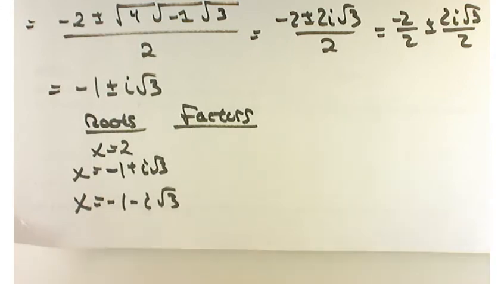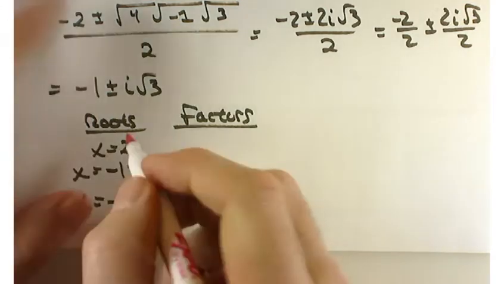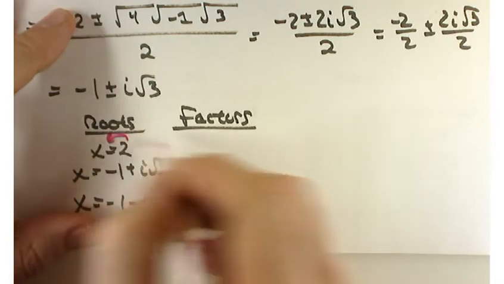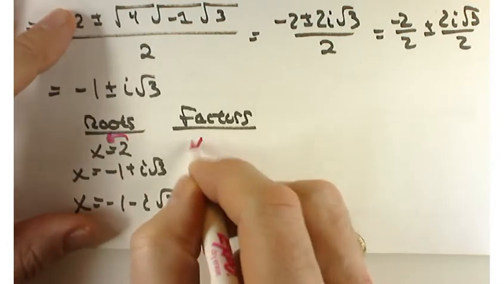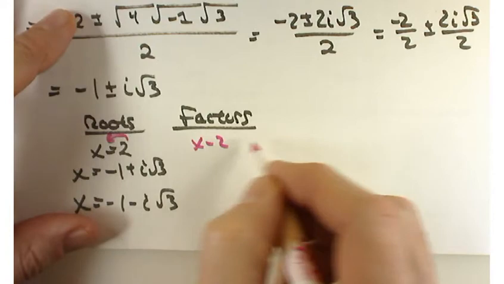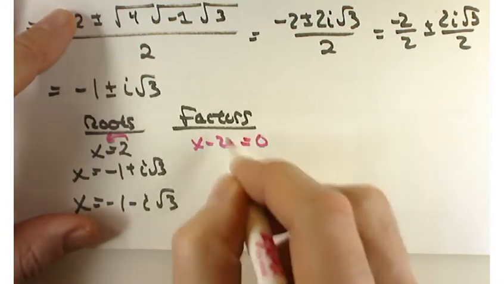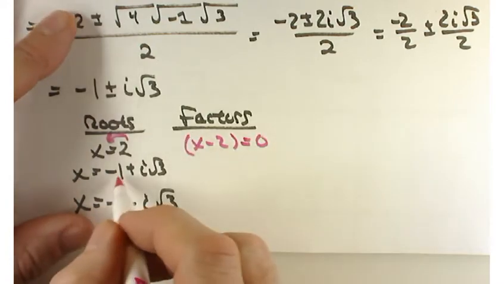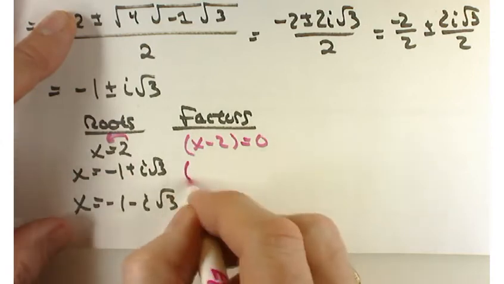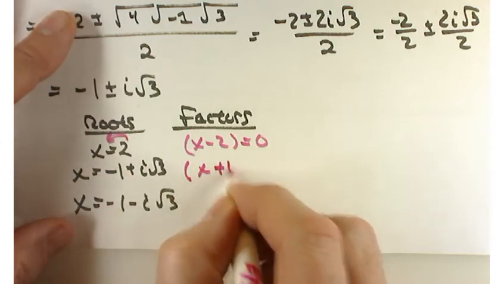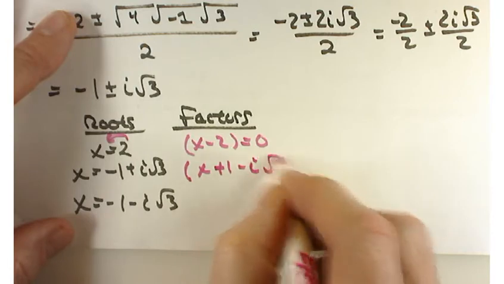Let's see what the corresponding factors are. For the corresponding factors, I'm just going to move those terms to the other side. I'll get x minus 2 equals 0, but my factor is just going to be this. If I move these 2 terms to the other side, I'll get x plus 1 minus i times the square root of 3.